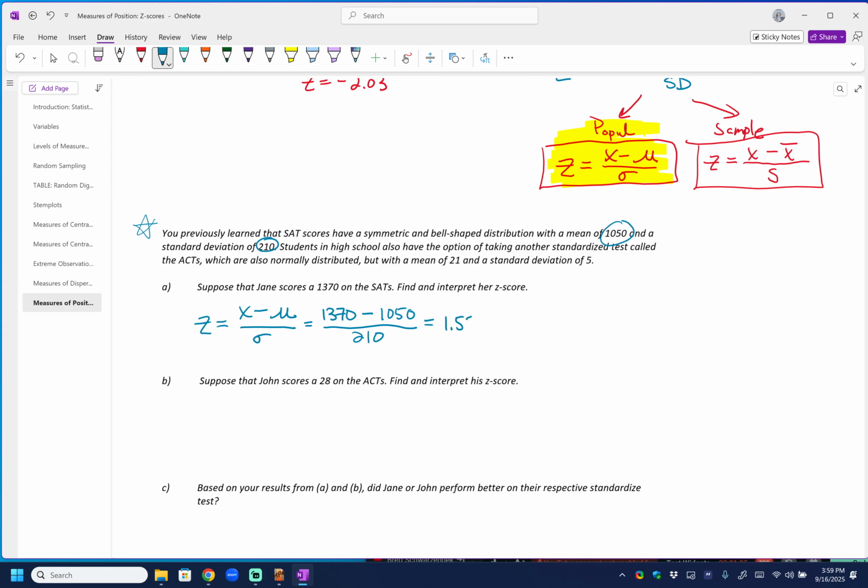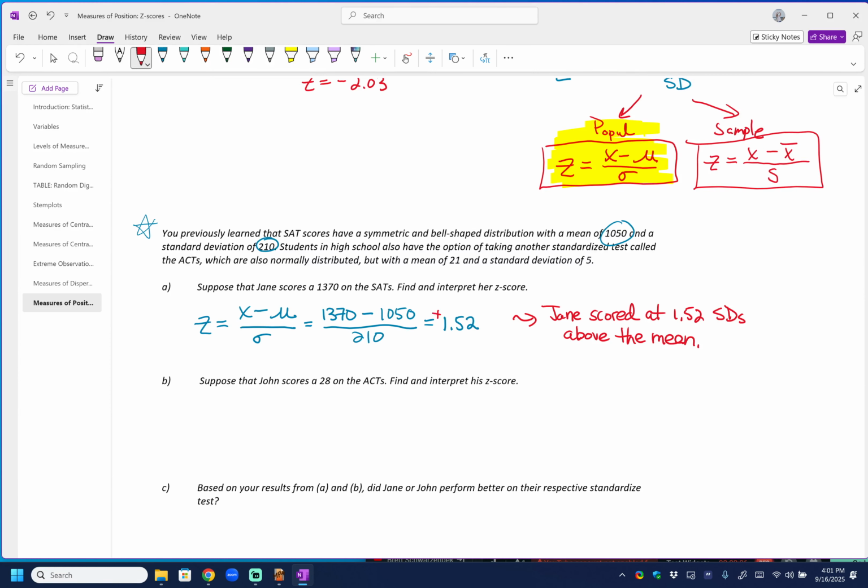Now note, we tend to round z-scores to 2 decimal places. We're going to follow that as we go through the course, just a little tidbit. Okay, so what does this 1.52 actually mean? If you look at it closely, first of all, it is positive.